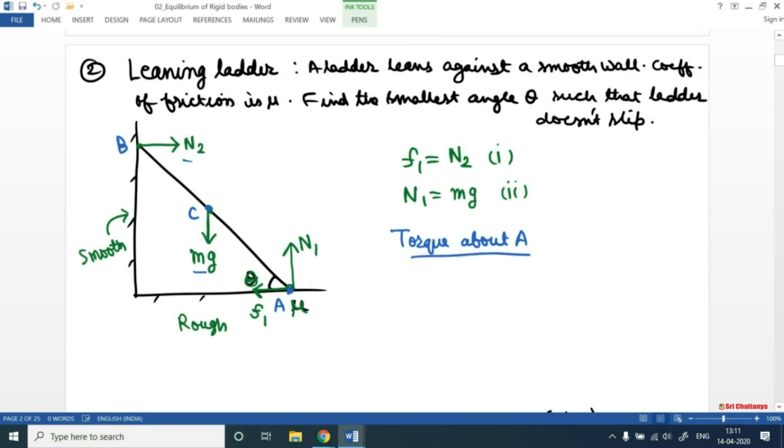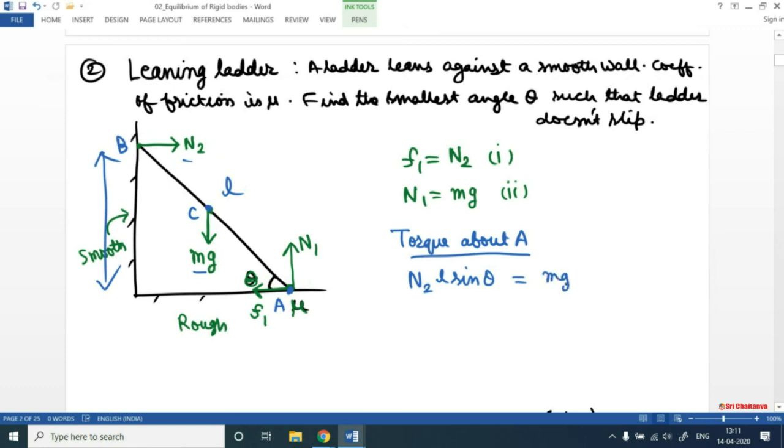So when we write net torque about A, the torque due to N2 will be in the clockwise direction. It will be N2 times r perpendicular, and r perpendicular is this distance over here. Let's say the length of this rod is L. So this is simply L sine theta. That is the torque due to N2 in the clockwise direction, and it is balanced by the torque due to mg in the anticlockwise direction.